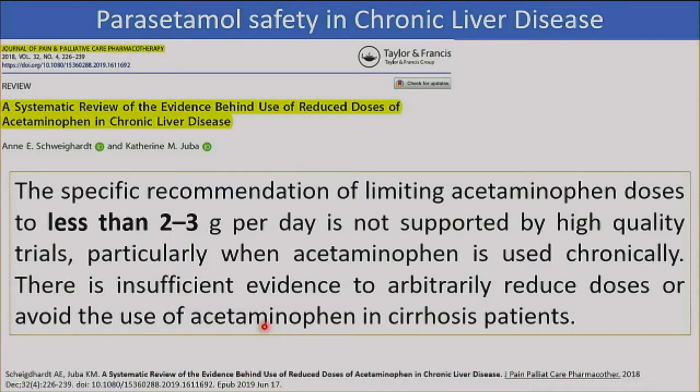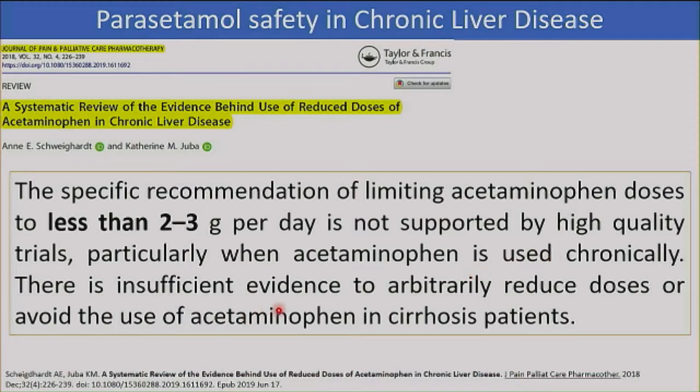And there's a systematic review about the use of acetaminophen in 2018. It said that the specific recommendation of limiting acetaminophen dose to less than 2 to 3 grams per day is not supported by high quality trials, particularly when acetaminophen is used chronically.